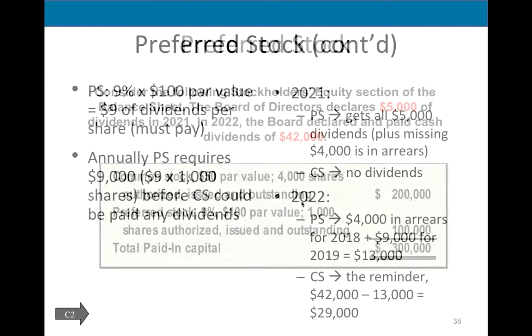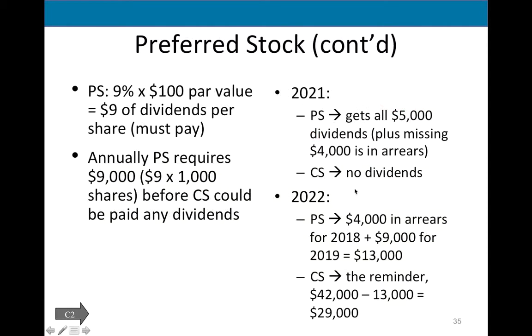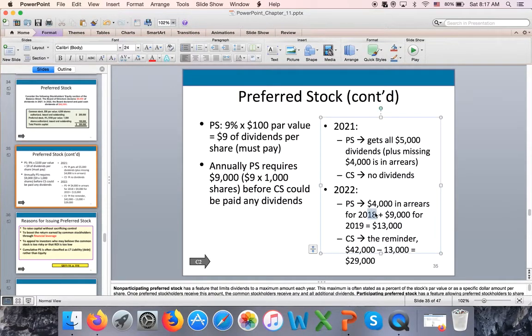Next year, 2022, the board declares $42,000. So I have to pay my preferred stockholders $4,000 dividends in arrears for 2021, and I have to also pay $9,000 for 2022.